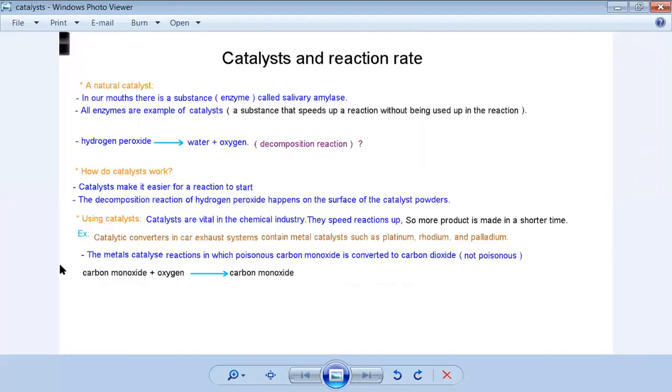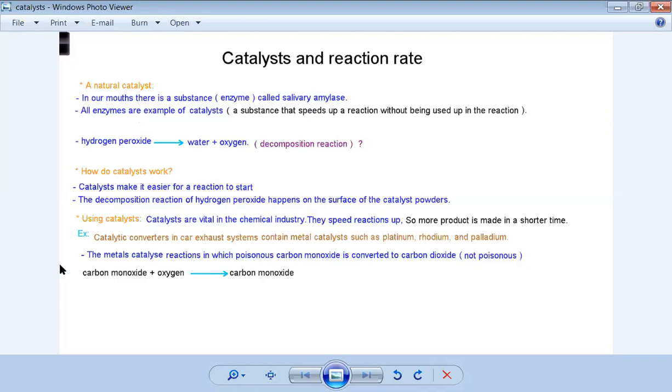Catalysts make it easier for the reaction to start. Why? Because they speed up the reaction. The decomposition reaction of hydrogen peroxide happens on the surface of the catalyst powder, because we said earlier that the reaction happens on the surface of the solid particles.